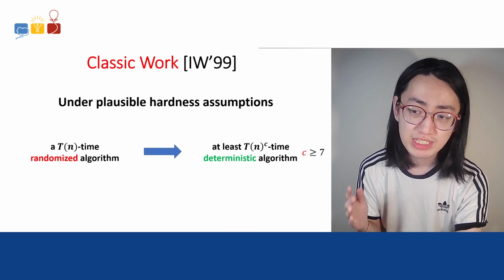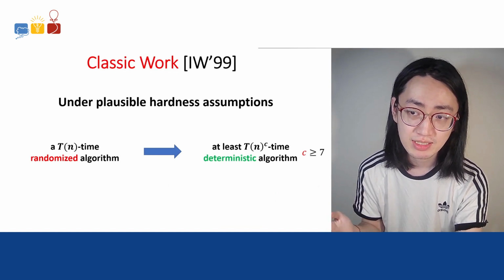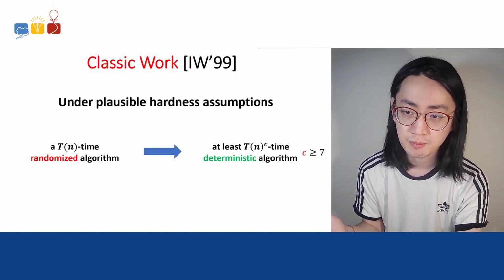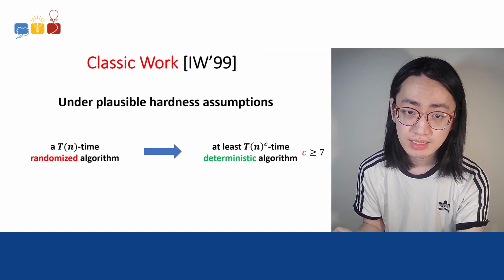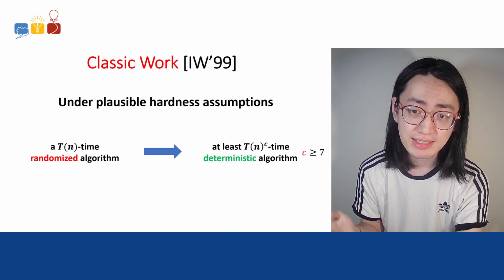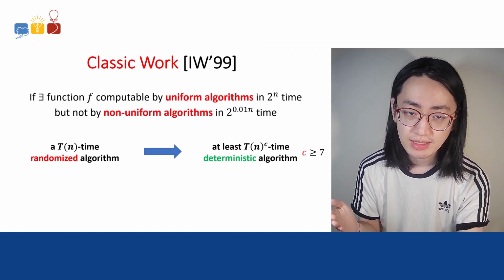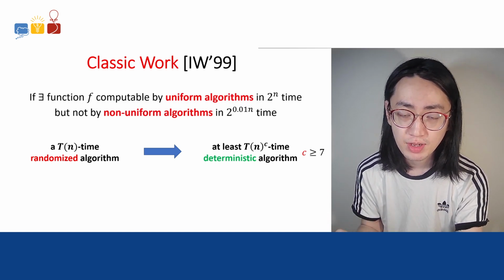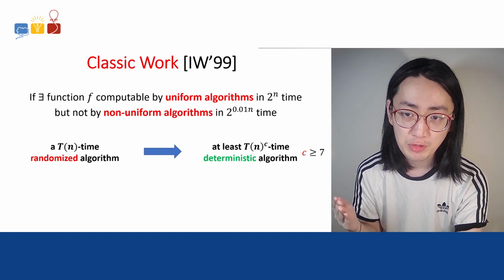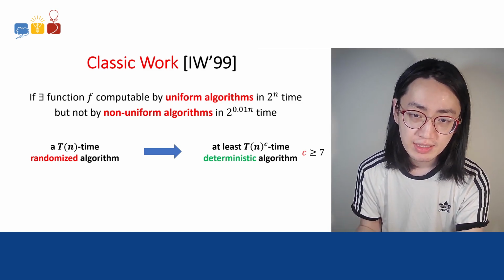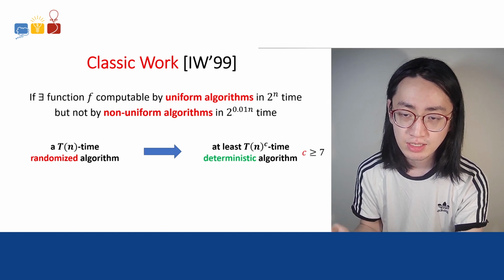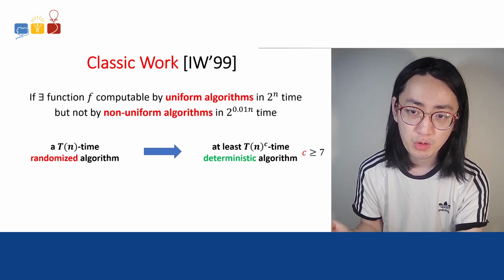So now we are ready to specify the hardness assumption in classical work. This so-called plausible hardness assumption is in fact saying that there exists a function f computable by uniform algorithms in 2^n time, but not by non-uniform algorithms in 2^(0.01n) time.